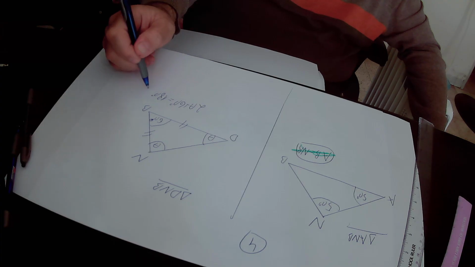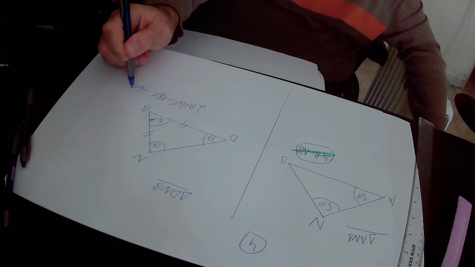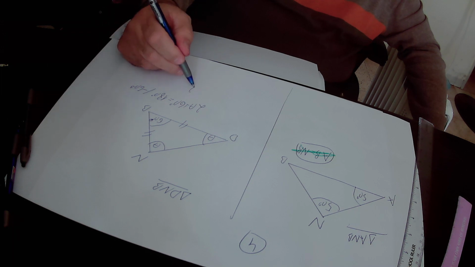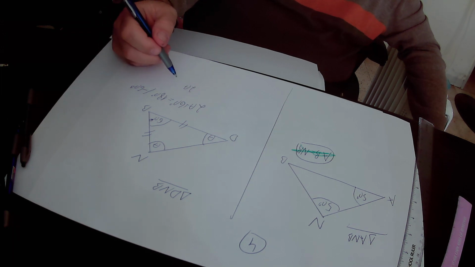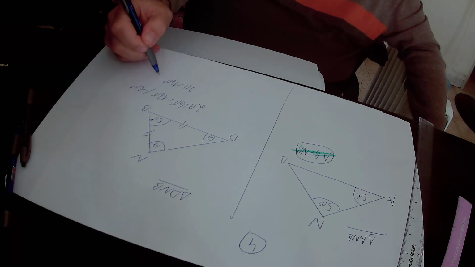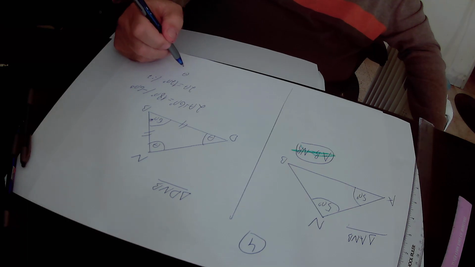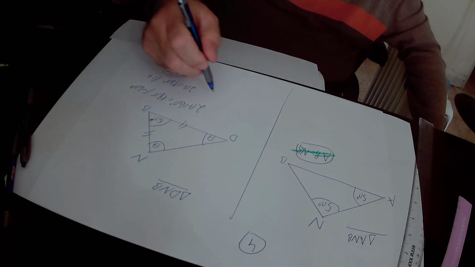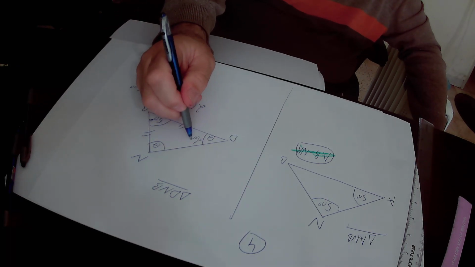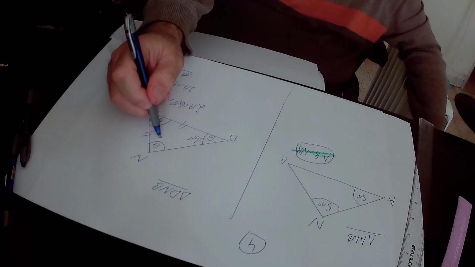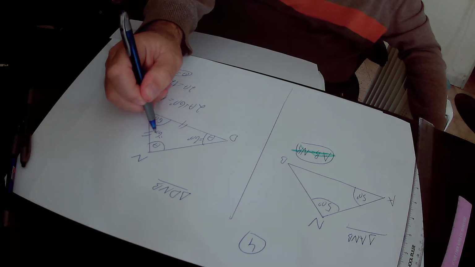We subtract 60 degrees from this equation. You get that 2 theta equals 180 degrees minus 60 degrees, it is 120 degrees. We divide this equation by 2 and finally we get that angle theta equals 120 degrees over 2, which is 60 degrees. So this angle theta equals 60 degrees and this angle theta is also equal to 60 degrees in size.